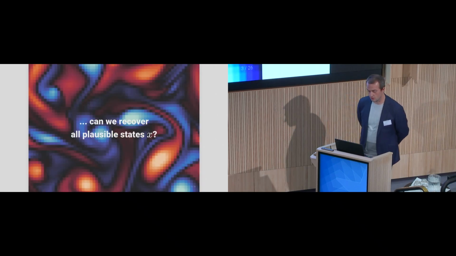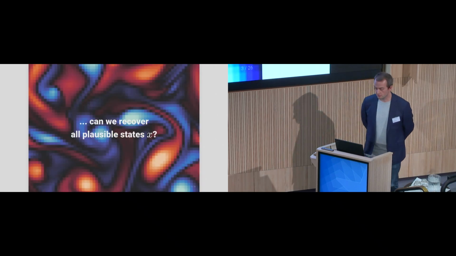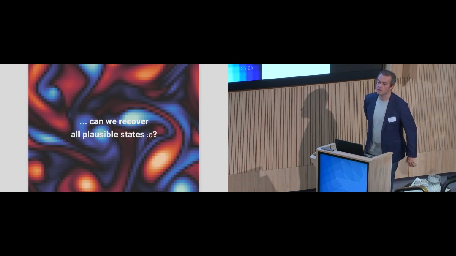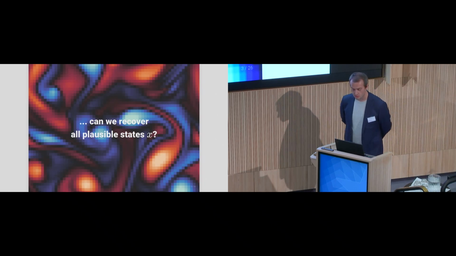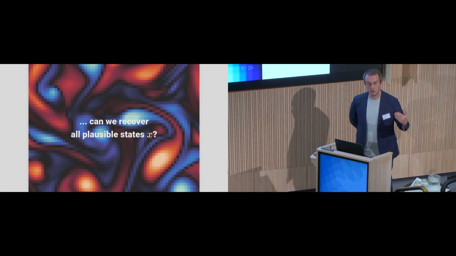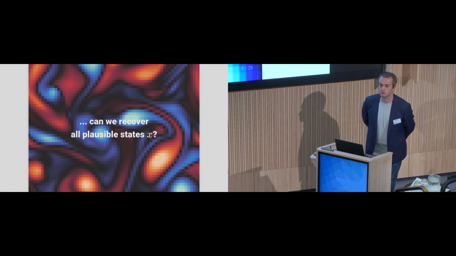Our goal today will be quite simple. Given this noisy and low-resolution image, can we recover all plausible physical states X that could have led to this particular observation? For instance, if Y is a sparse, resolution-limited satellite image of the atmosphere, can we recover a high-resolution estimate of the full 3D volume of the atmosphere that would be consistent with this observation?